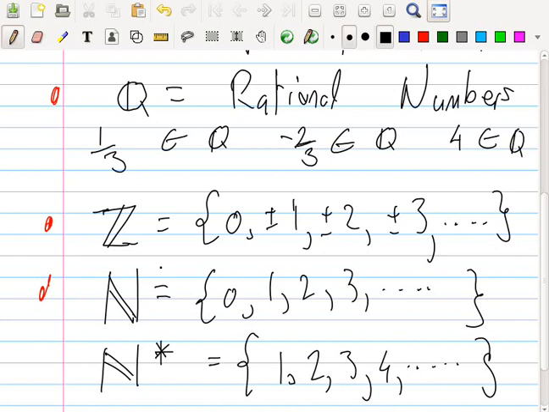Sometimes people write a little, I could keep talking about this, I won't. So for me, N will have 0 and N star will exclude 0. Okay? So we have R, Q, Z, and N as 4 basic sets.